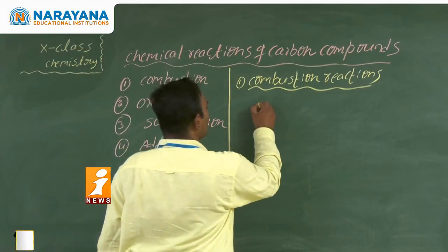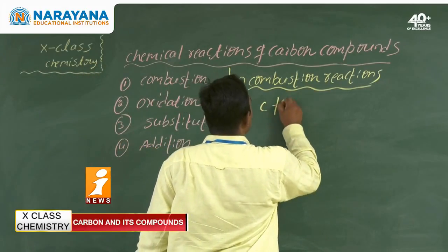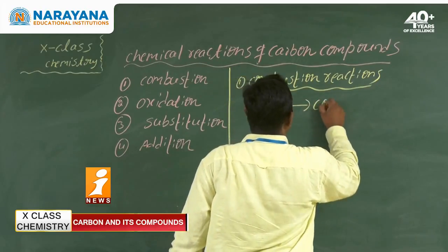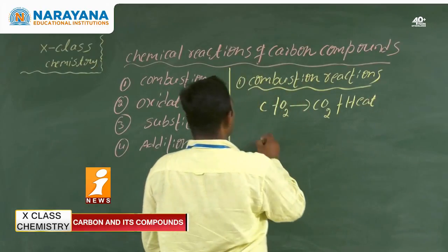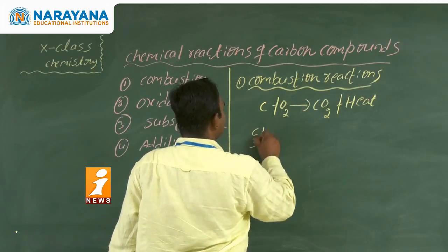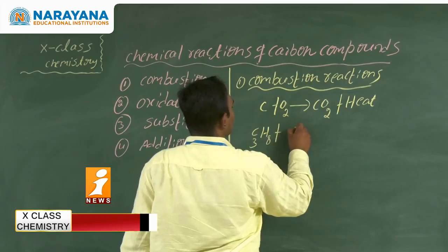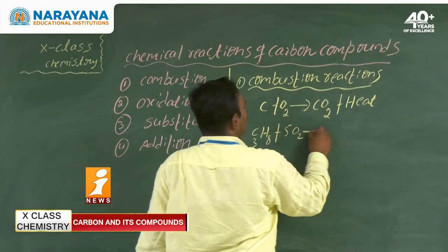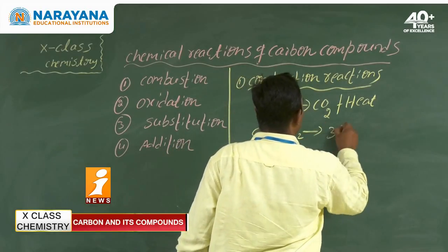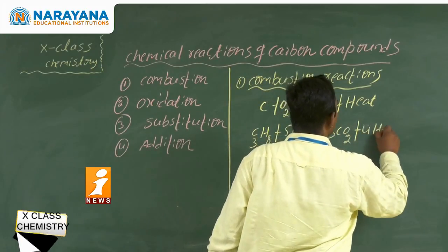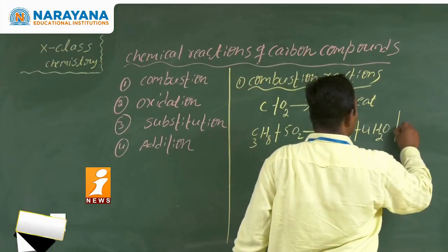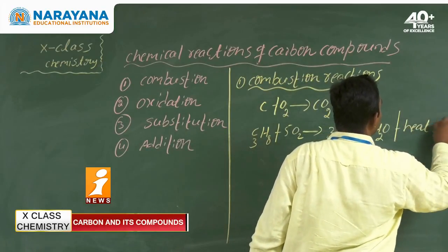So see here, suppose burning of carbon, then what will we get? Carbon dioxide, along with heat. Next, suppose you take propane, C3H8. On combustion or burning, what will we get? Carbon dioxide and water, plus heat and light.